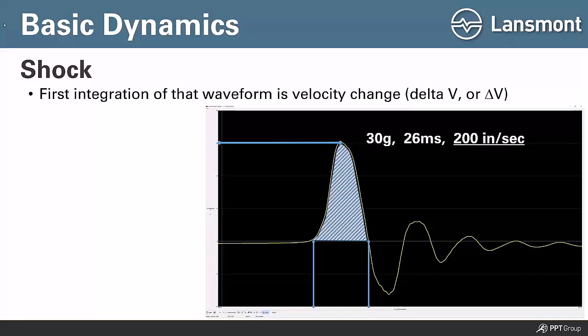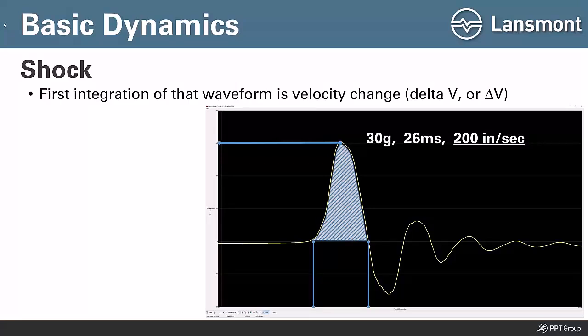If you integrate that, you get a key piece of information from a shock analysis perspective, and that's the velocity change number that you see there. Not only do I have an amplitude of 30 Gs, which is good information, but it's not good information all by itself.